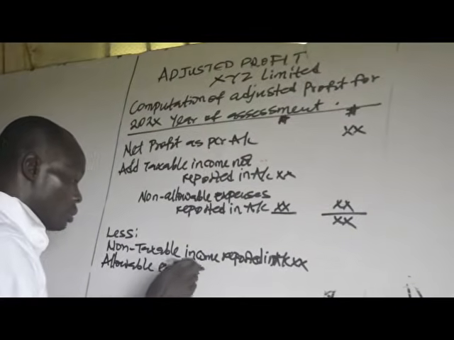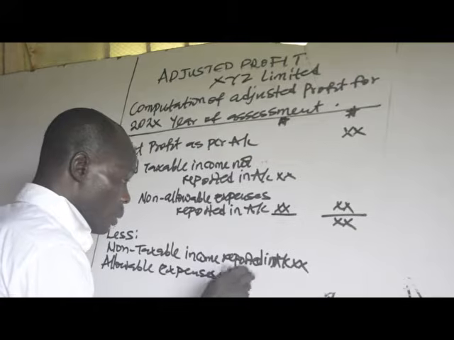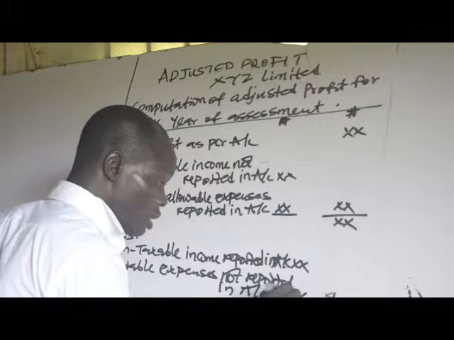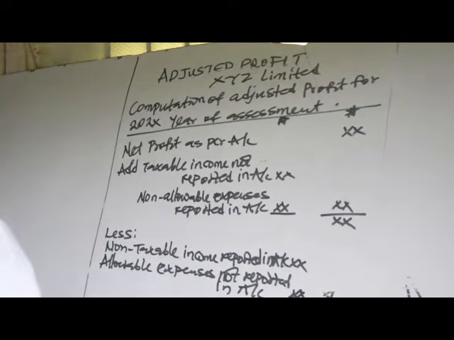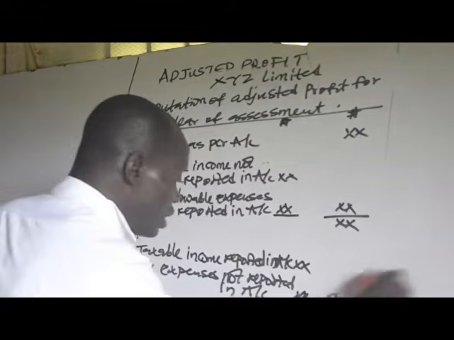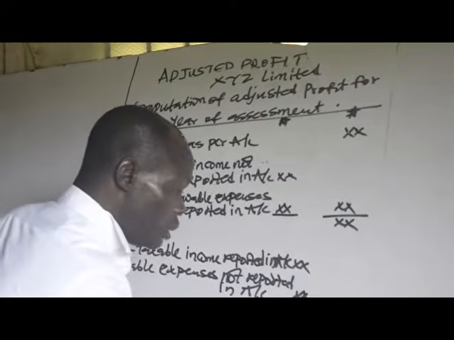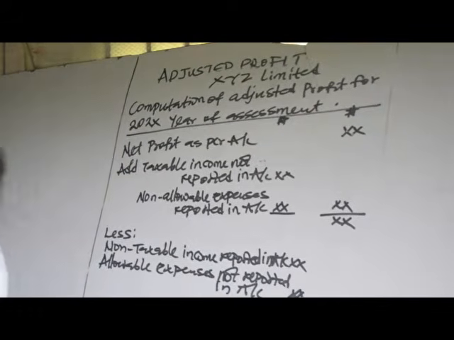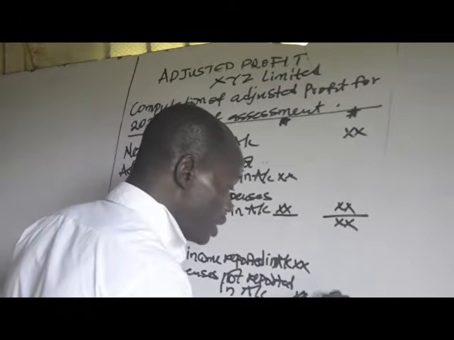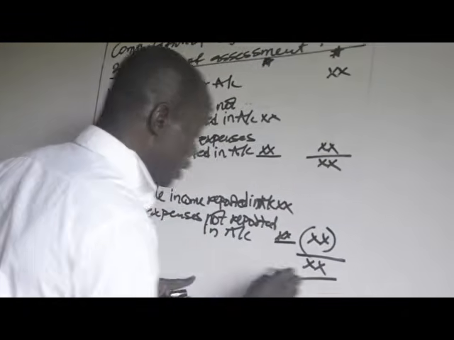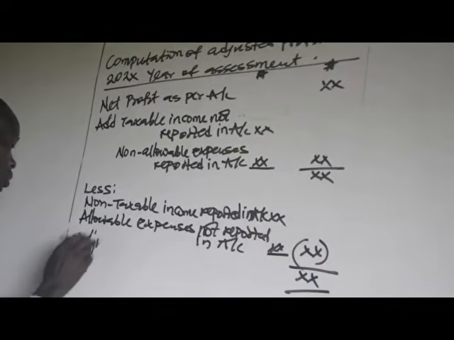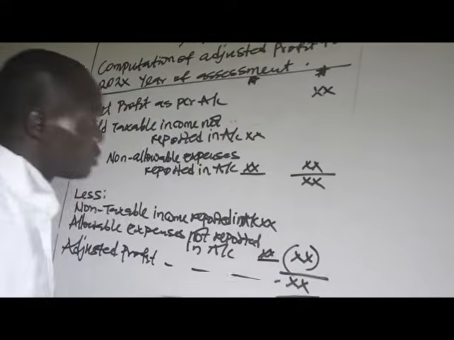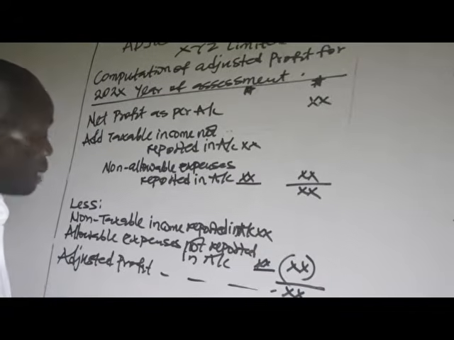So we deduct this. These are the items that should be considered in the computation of adjusted profit. So when you less this, you arrive at the adjusted profit for tax purpose. That is for method 1.